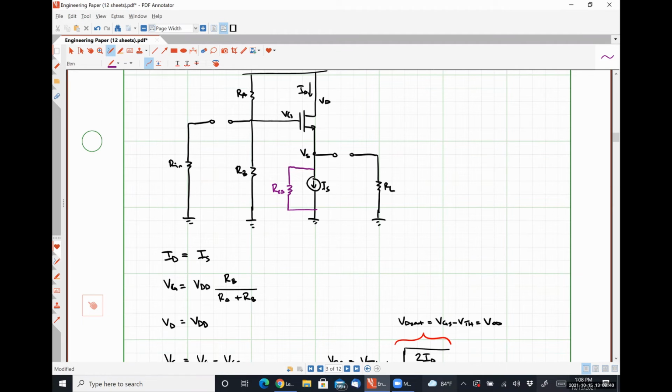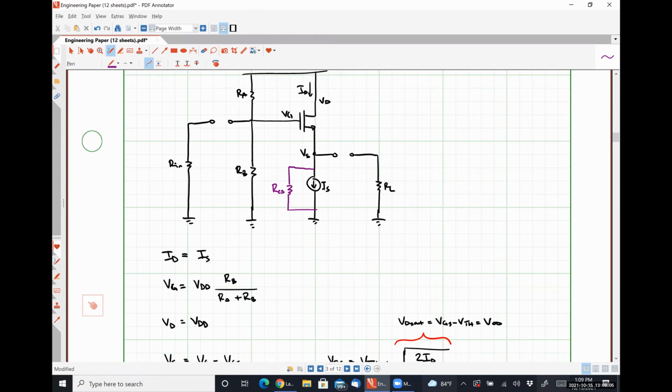And we're introducing this additional parameter here because we know that ideal current sources don't exist, right? Any current source that we might apply, which will likely be a transistor-based circuit, will have some effective resistance that we need to take into account.